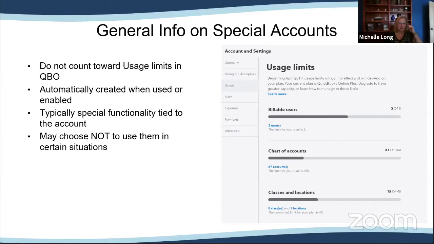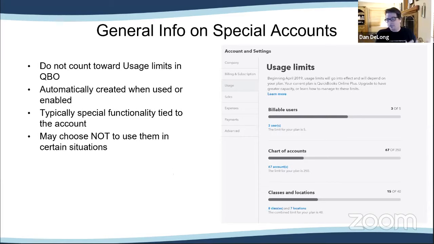Dan, do you have anything you want to add on this? No, I think we'll talk about the specifics as we go through each one. As we get into the next one, undeposited funds, a lot of your clients don't realize what they're used for.